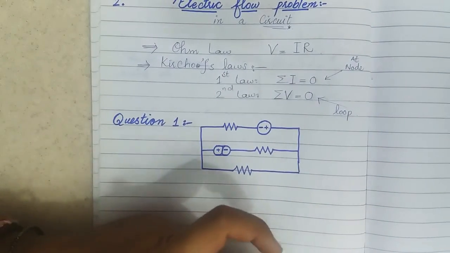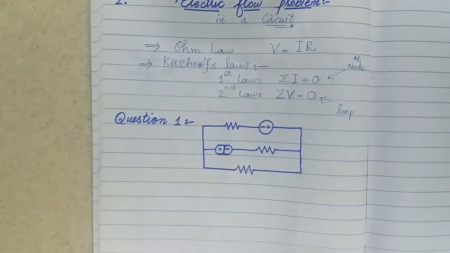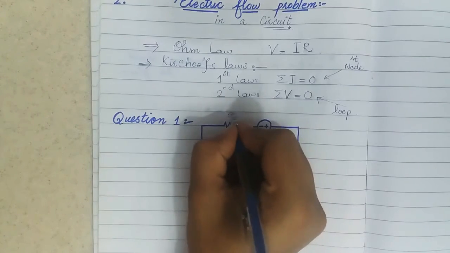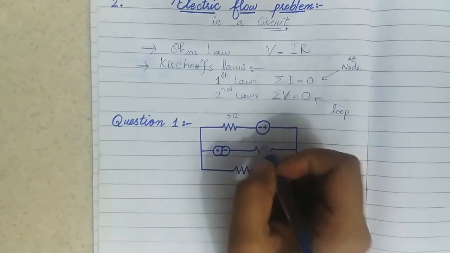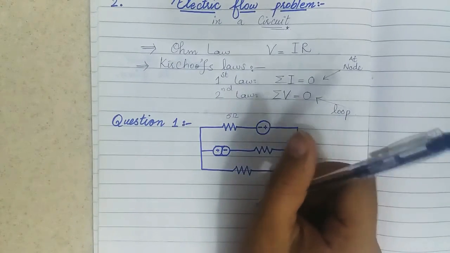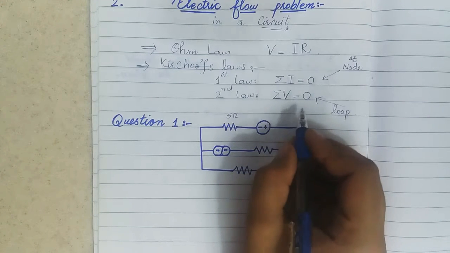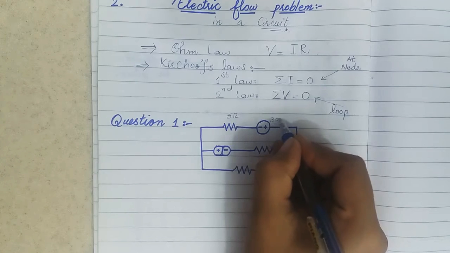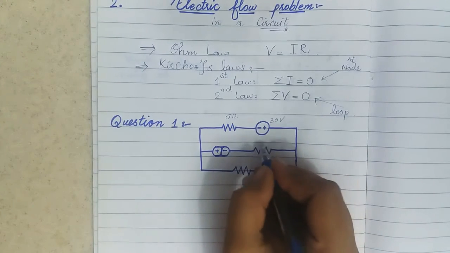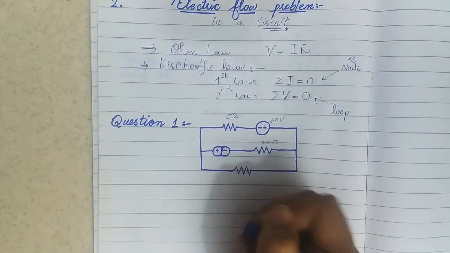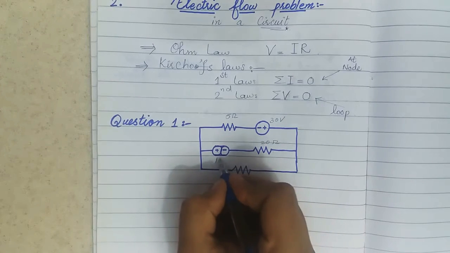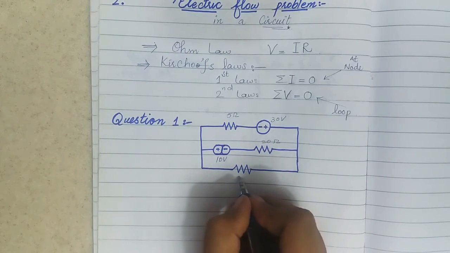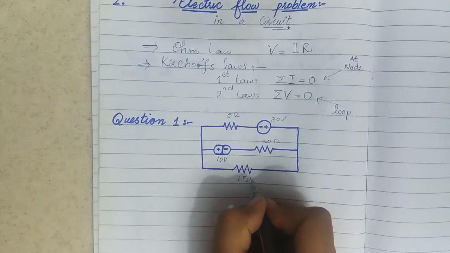Consider this is a current system. This is a resistor of 5 ohm resistance. This is a battery of 30 volt. This resistor is of 20 ohm. Battery is of 10 volt. And this resistor is of 15 ohm.